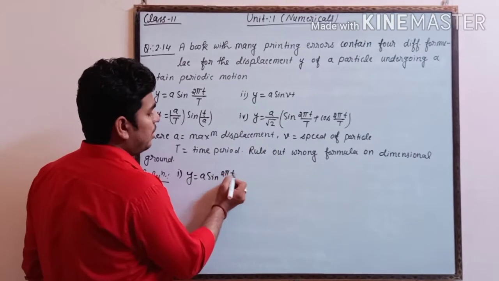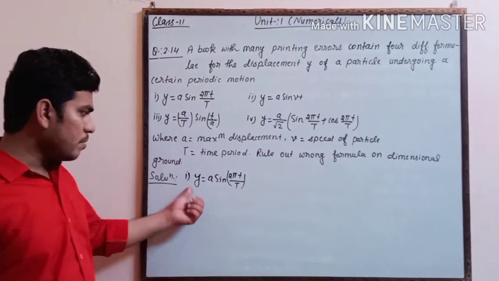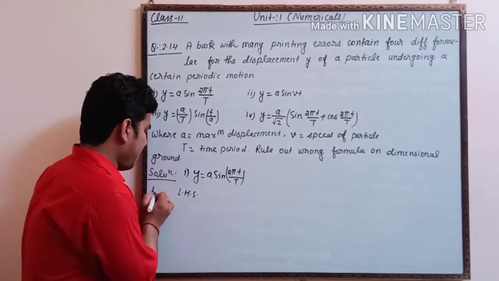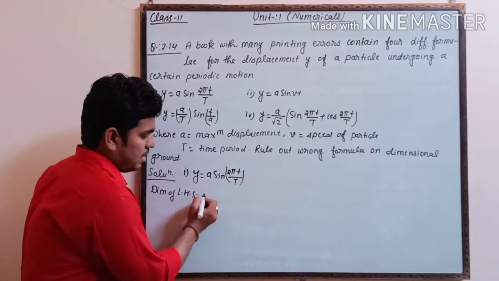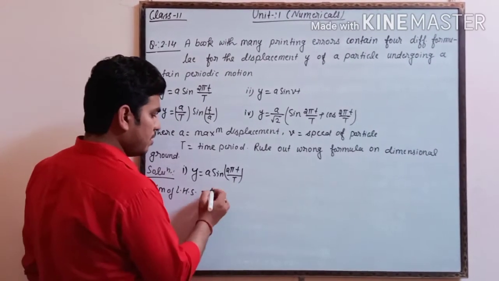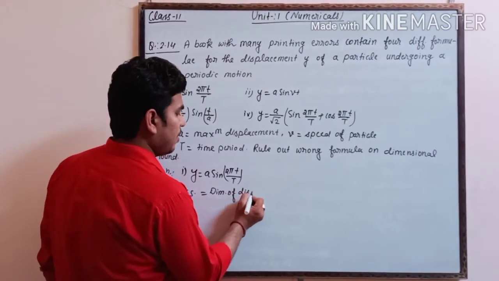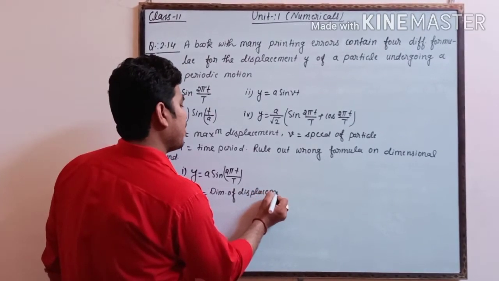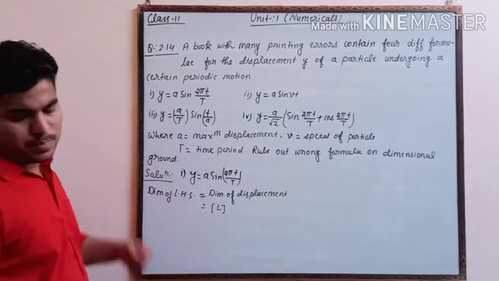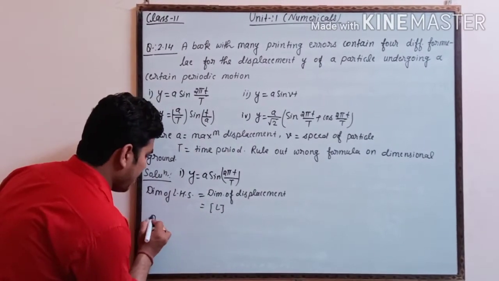ओके, y डिस्प्लेसमेंट। Dimension of LHS is equal to L, because dimension of displacement, it means L. And the second one is dimension of RHS.